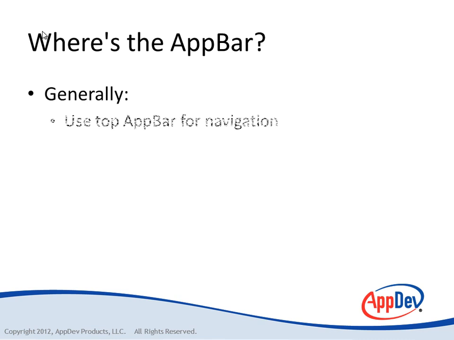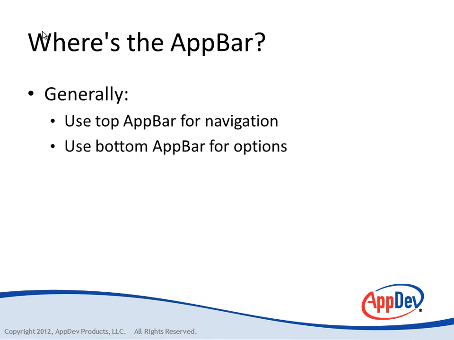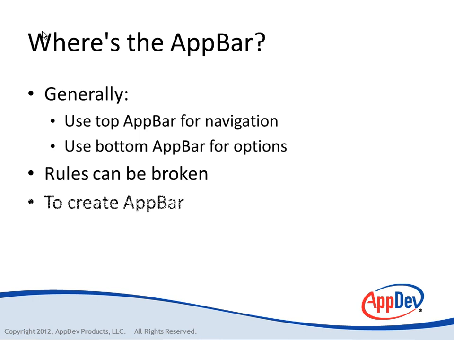Generally, you use the top app bar for navigation and a bottom app bar for options. These rules can be broken, of course, but be careful when you do. The top app bar should be used for moving around in your application, and the bottom one for letting the user make choices about what they want to do.